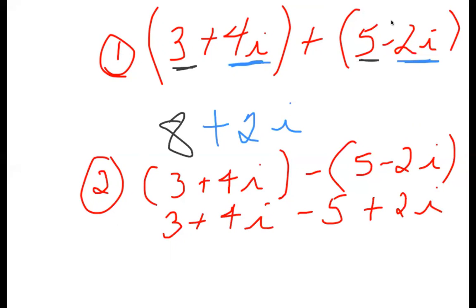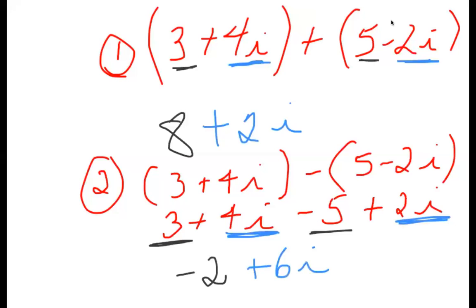So in this case, you would do 3 minus 5, which gives you a negative 2. And then 4i plus 2i would give you 6i. And that's it, okay? So guys, as you can tell, this is super easy, super duper easy, okay?